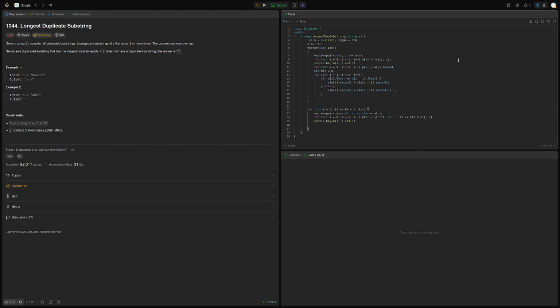I could store the classes, to be honest. I should store the classes. So let's make it a vector classes, and then classes push back C. Okay, I don't have a C.